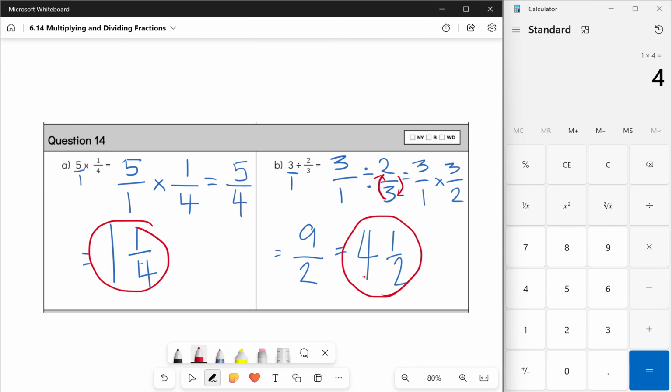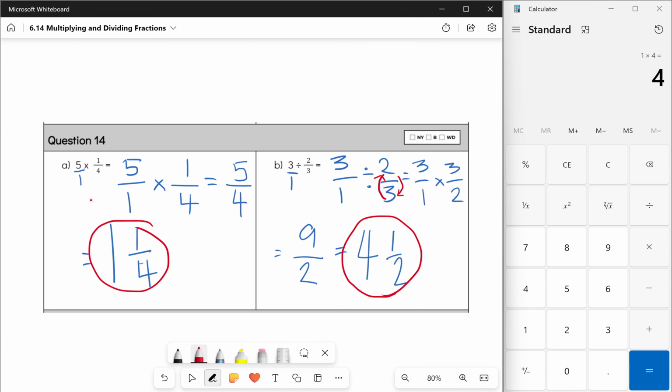That became our big whole number here. And then whatever was left over became our numerator, and the denominator stayed the same. So 2 fit into 9 4 times, which gave us 8. So there's your 4. 8 to 9 is 1. There was 1 left over right there. And then our denominator stayed the same. So 4 and a half was the answer here.